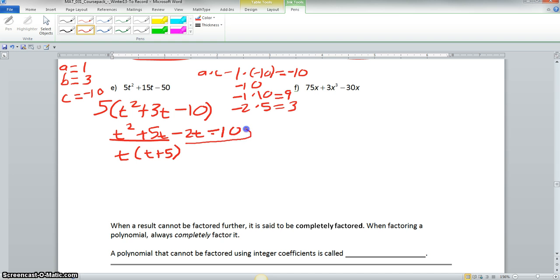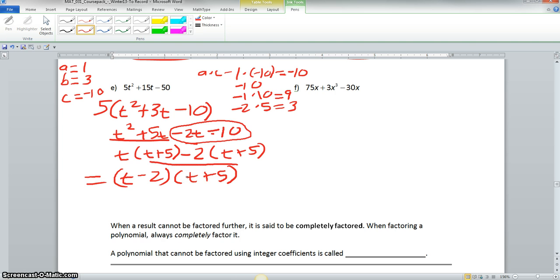The second two terms, we'll end up having to factor out a negative 2, or a minus 2. And that will leave us in parentheses t plus 5. When we have our two matching parentheses, we have t minus 2 and also t plus 5.